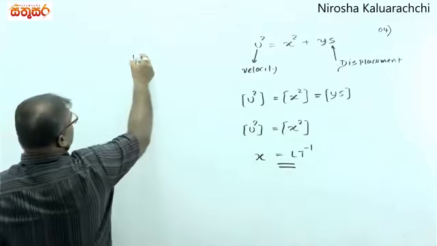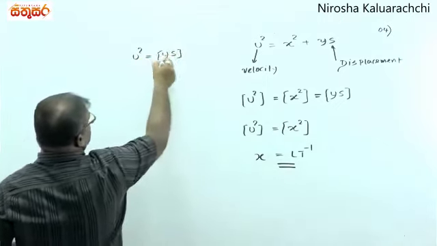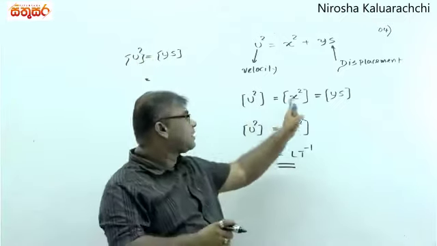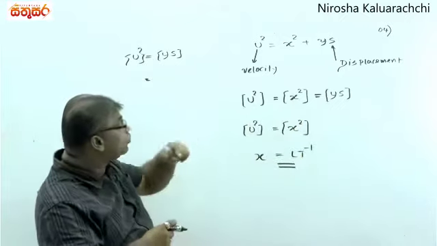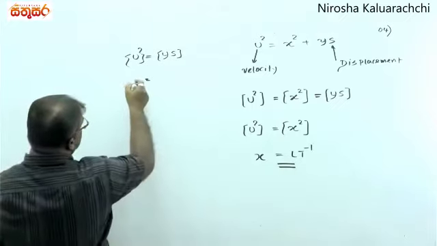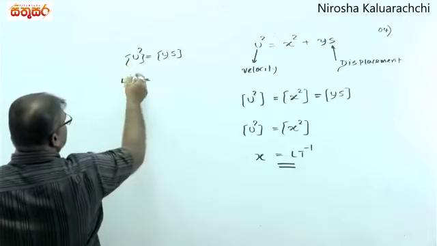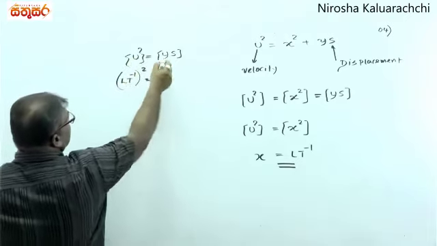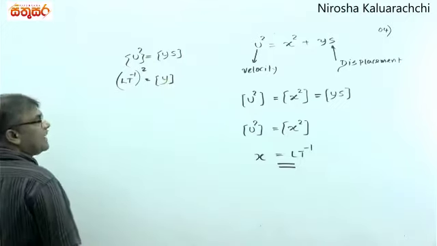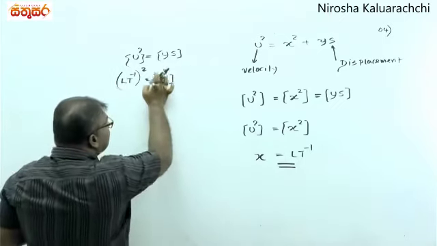You can say v squared equals y s dimensionally. As an equation, these three are dimensionally the same, as those two are added to have the final answer of v squared. Then we have here LT minus 1 to the power of 2 equals y, to be found. The quantity that is needed to find is presented with the square bracket.